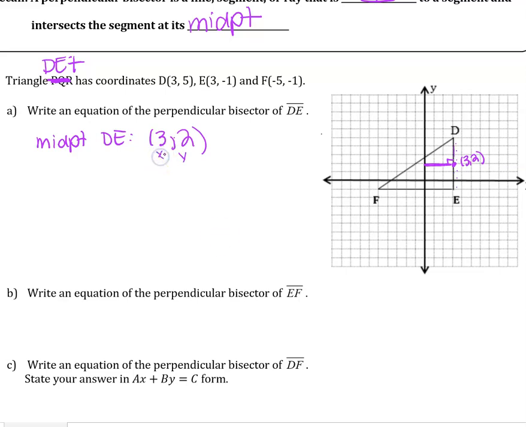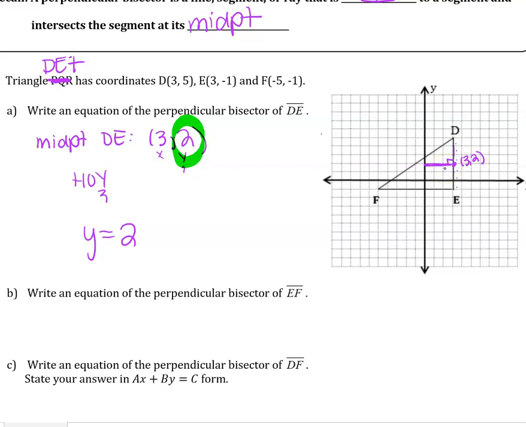But this is a horizontal line that we're drawing, which is our perpendicular bisector. So we're thinking y equals, so that means y equals 2. That is going to be the equation of our line, because every single point on this line that I have created has a y coordinate of 2.